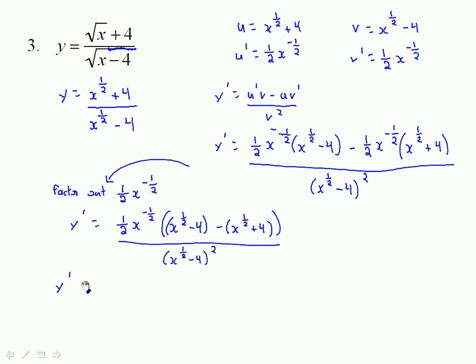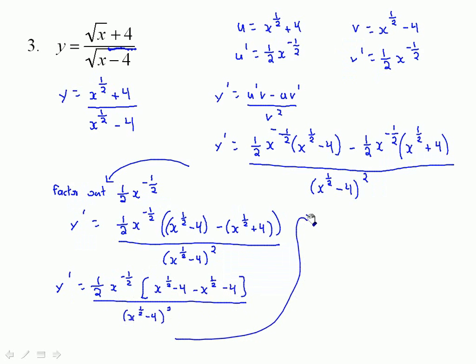Then we can simplify the inner bracket. So we get x to the 1/2 minus 4 minus x to the 1/2 and then minus 4. And then this is all over top of x to the 1/2 minus 4 squared. I'm going to have to take an arrow and go over there, but you see where this is taking us.